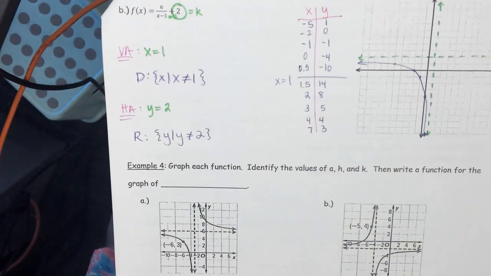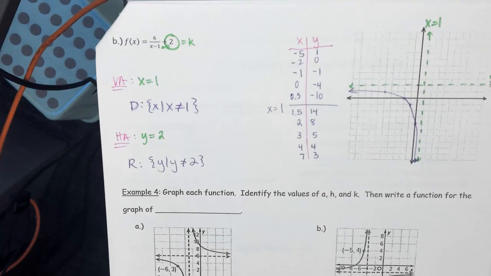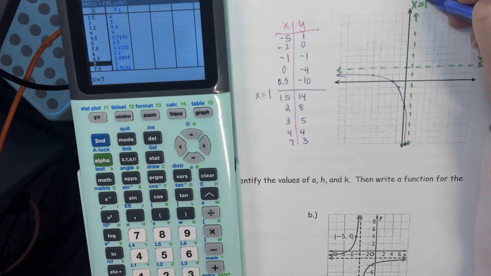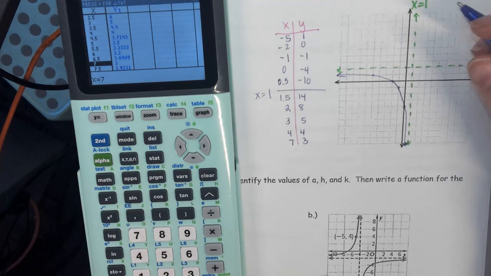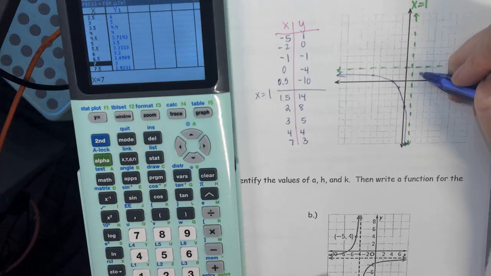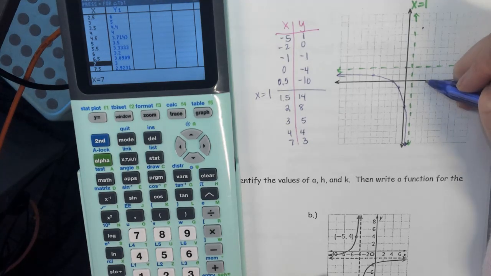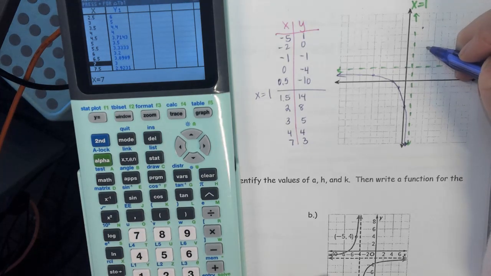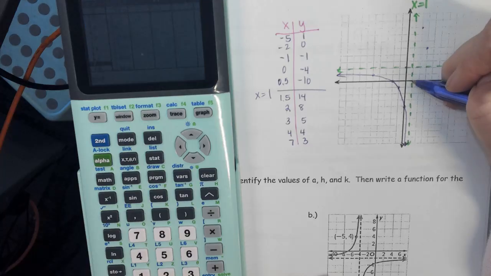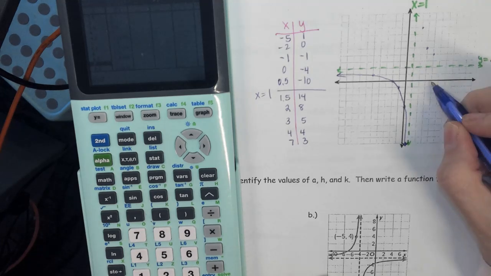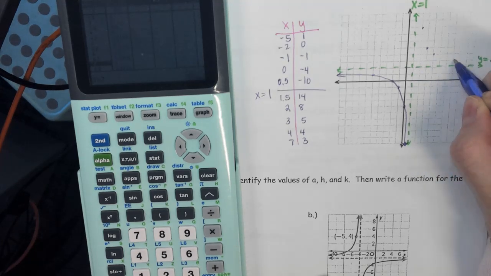Okay, and then you need the arrows on both sides, so make sure that you guys have that. So 1.5, 14 is like hanging out here. And then I have 2, 8. 3, 5. 4, 4. 7, 3.